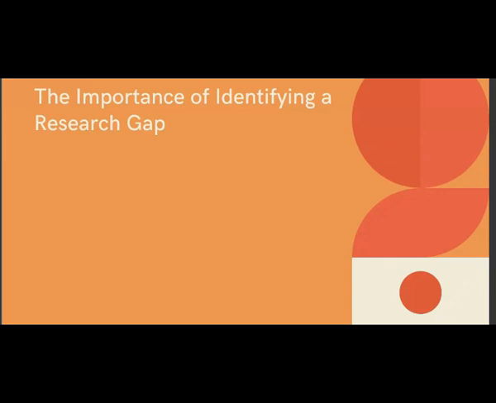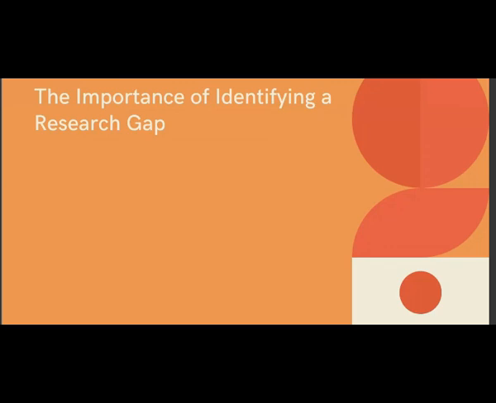All right? And so why is it very important for you to identify a research gap? This is the start of your PhD journey. Maybe you don't realize that, but once you start, once you initiate your PhD and come up with your topic, you are already addressing some important issues.